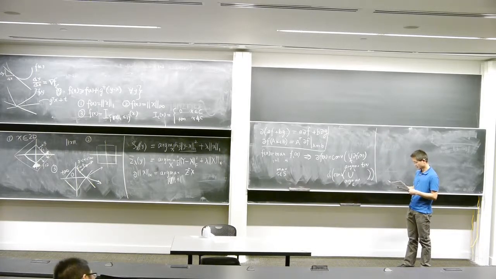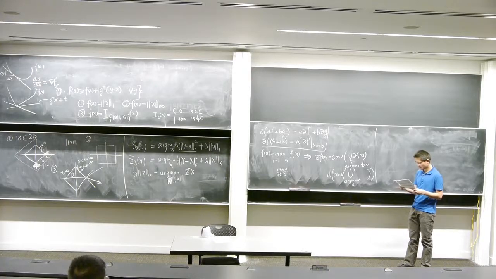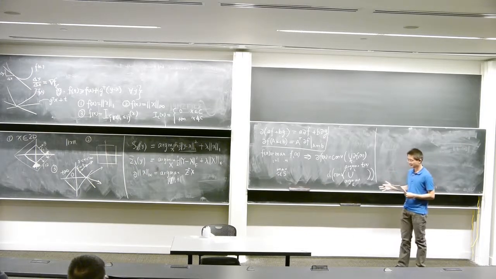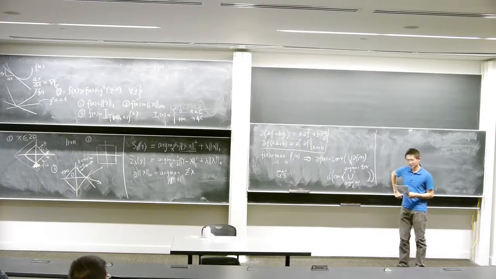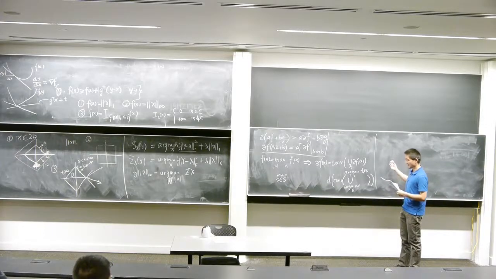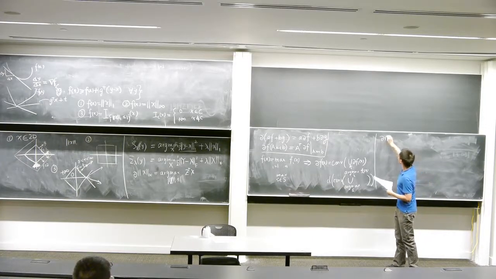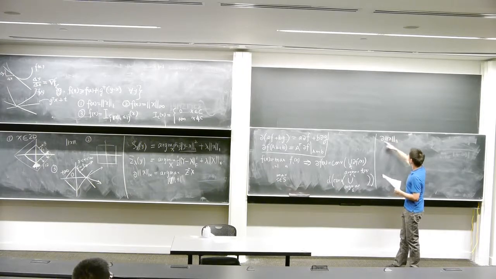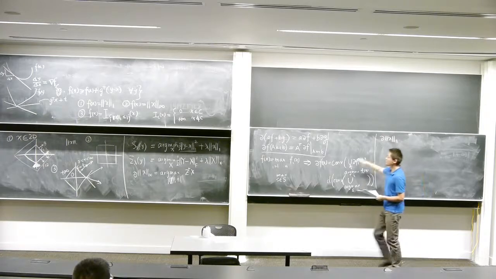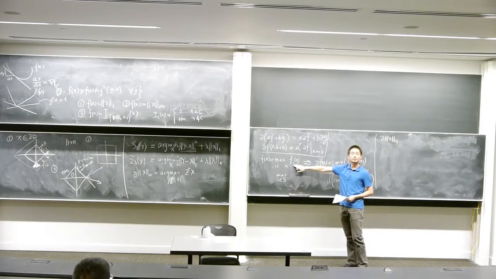And so we can see some examples, I guess. Yeah. So in the good old days, there used to be a homework problem. And this homework problem is to solve the subdifferential of the L1 norm using this property.